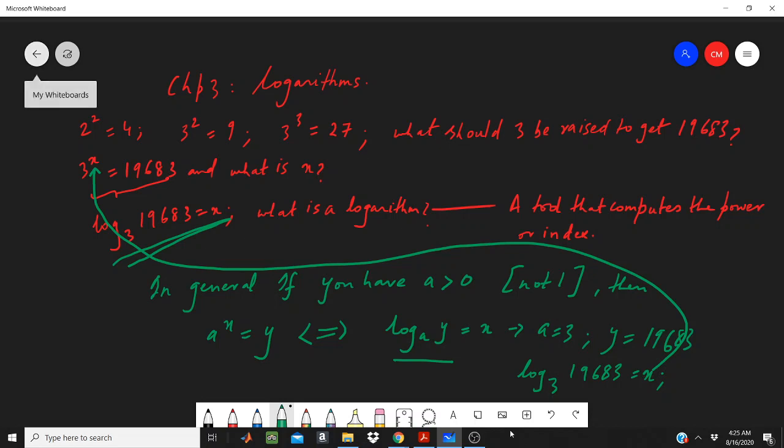We'll do more examples of this and hopefully it'll get more clear for you. So if we want to know to what power we should raise the number 2 to get 56, we can write this down mathematically, and then using our rule, a to the power x equals y is exactly the same as writing log of a y equals x.